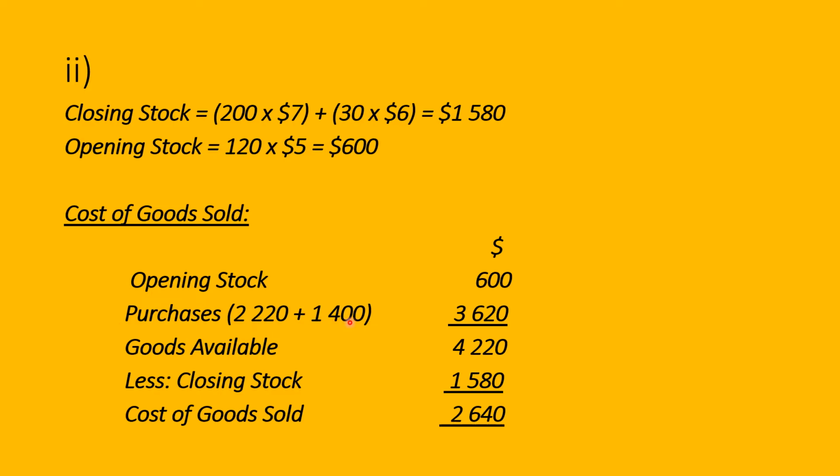We have two purchases in the table. We add them together, we get 3620. Our goods available for sale would be 4,220. We minus the closing stock, 1580 that we got up here, and we will get the cost of goods sold being 2640 when we're using FIFO.